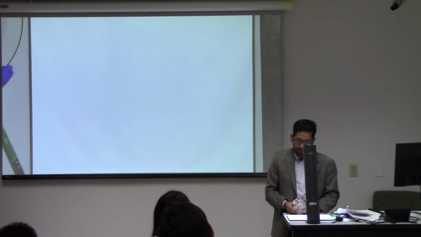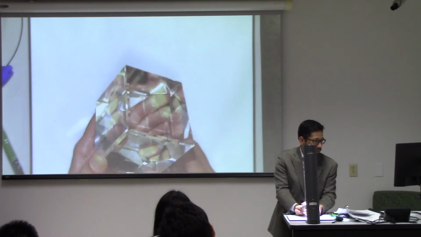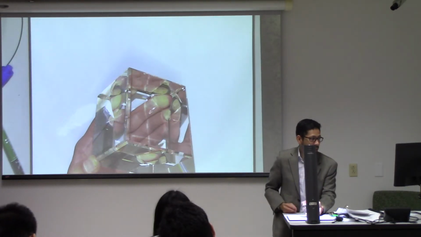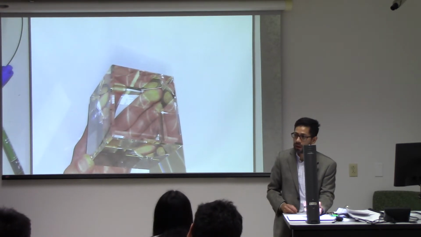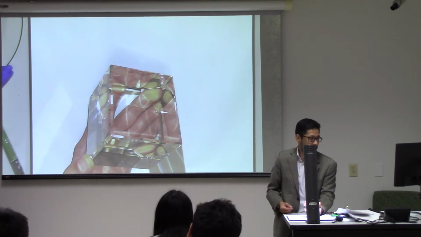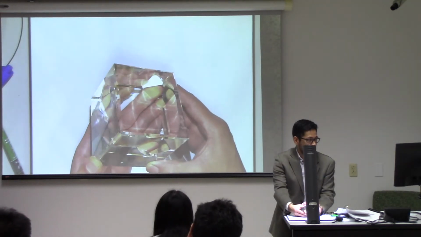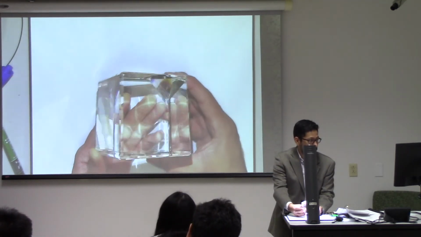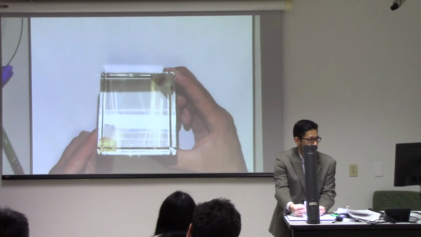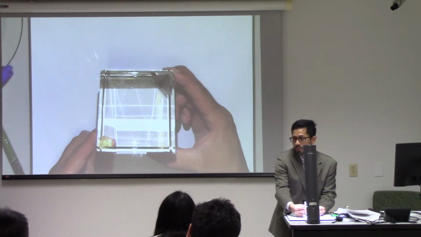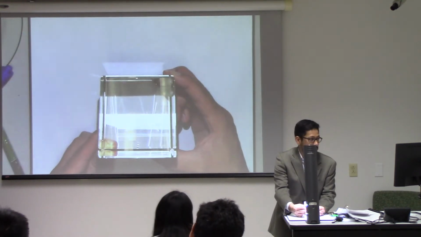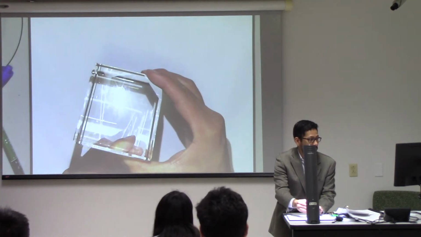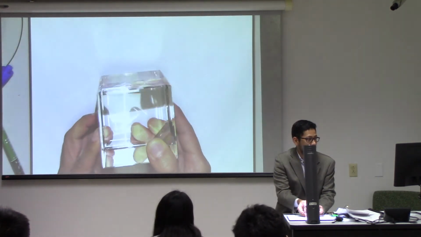Having a coordinate system which is not oriented with the principal directions is like looking at this cube in some random orientation in which the planes do not coincide with those directions, right? There are just going to be 3 directions in which, if you look in that particular orientation, you're going to see through, and that's going to be a principal direction, and that's going to be your principal stress value too. So that's going to be 1, right? There's going to be another, and that's going to be another.